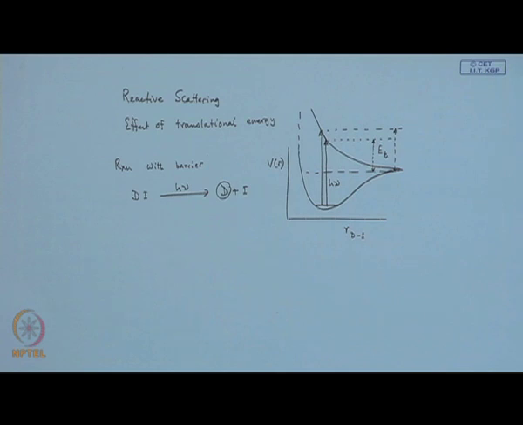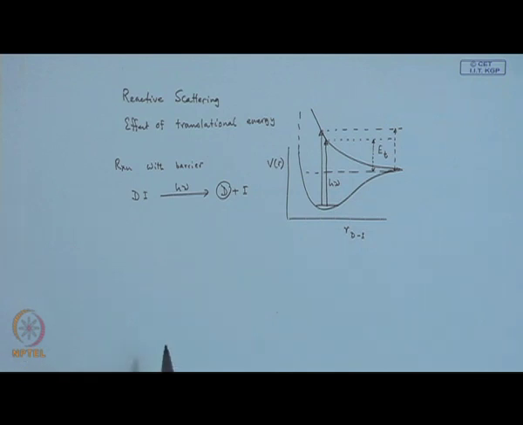Now, E0 is the minimum energy to surmount the potential energy barrier. If your energy is just sufficient to surmount the potential barrier, maybe that is not sufficient because there is a centrifugal barrier. So, in that case, reaction is only possible at low b.